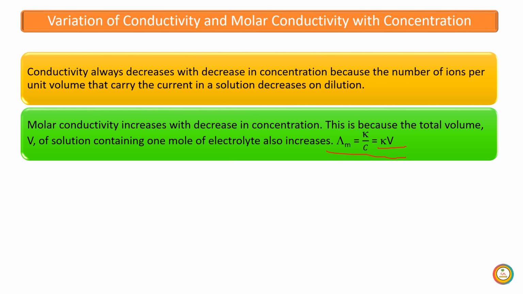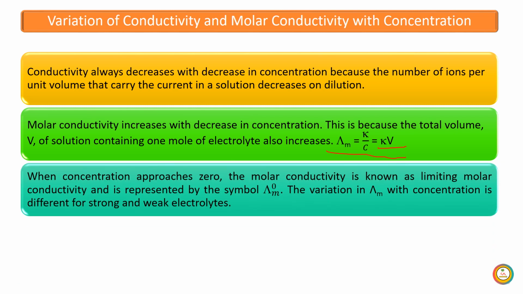Molar conductivity increases because the total number of ions increases. Molar conductivity depends on the number of ions in the whole solution. On the other hand, conductivity depends on the number of ions present in unit volume.